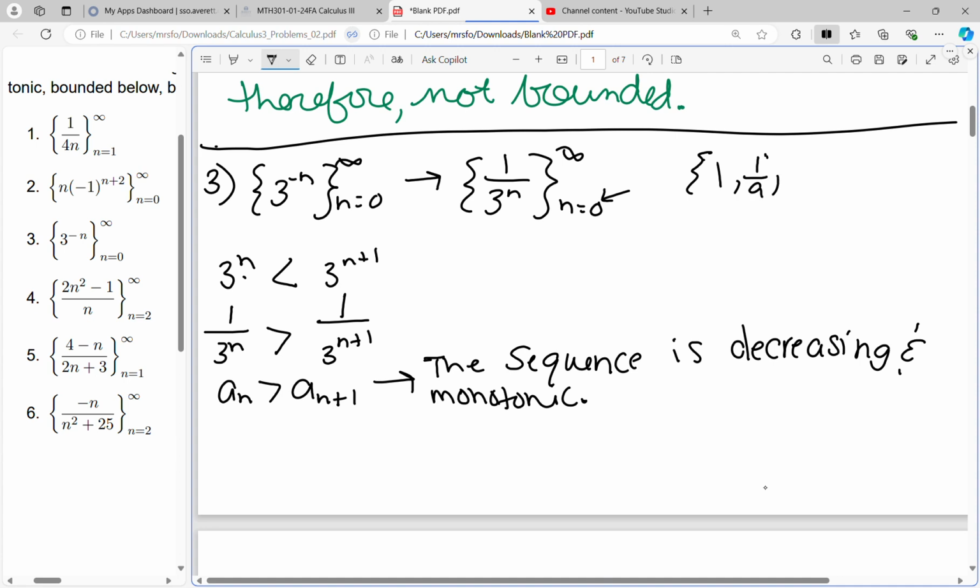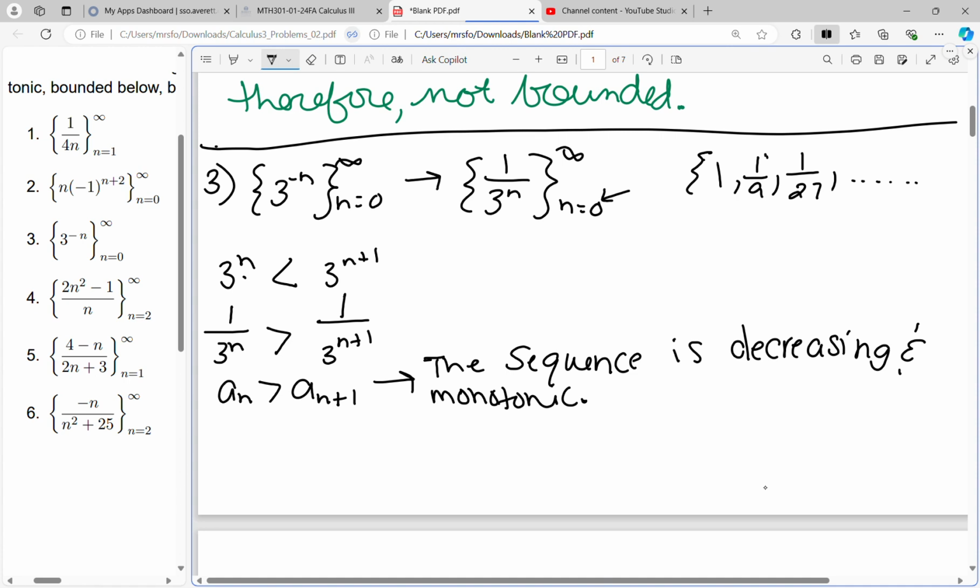And then 3 cubed would be 27, so 1/27. You're going to notice the denominator keeps getting larger, and so the fraction's going to keep getting closer to 0.